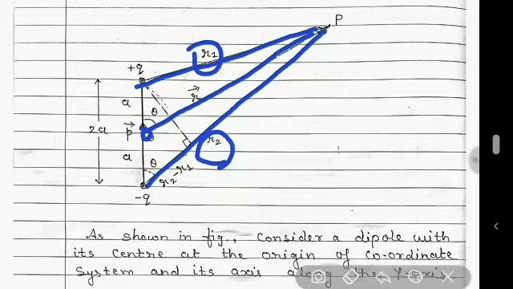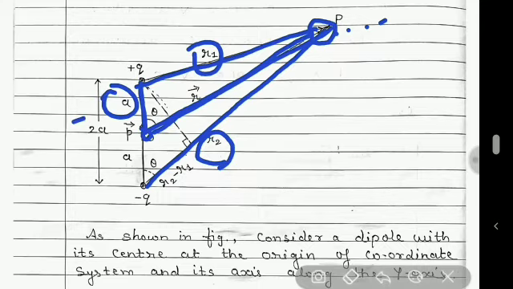But if we choose this point P at a very large distance, then compared to the distance of P from the center, this distance a of the dipole, consider a or twice of a, meaning it is the same only.